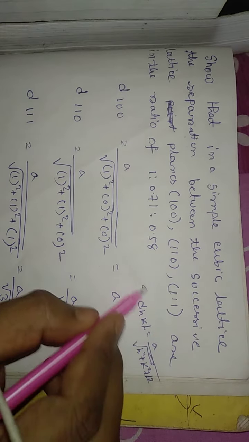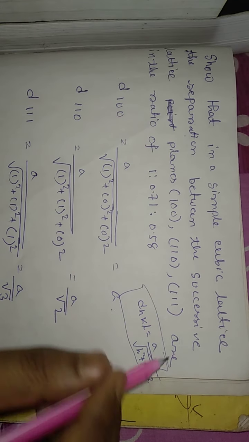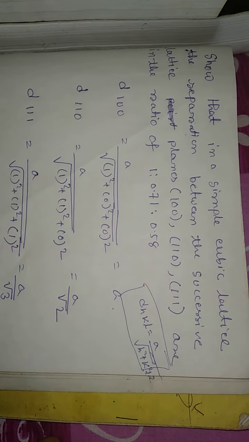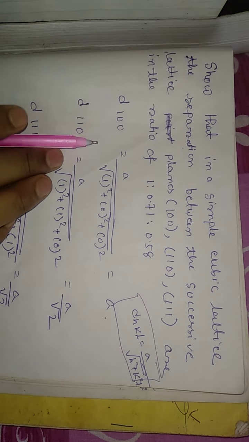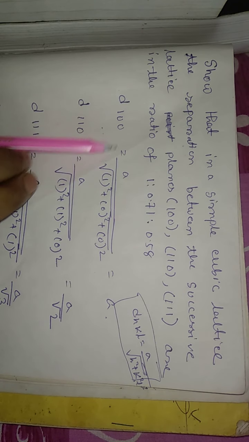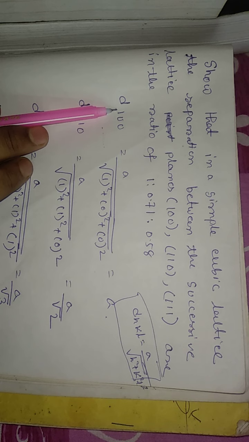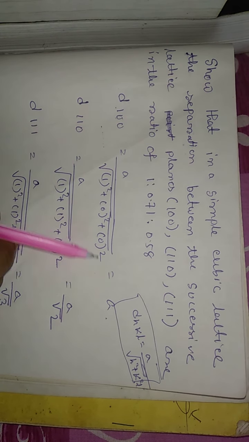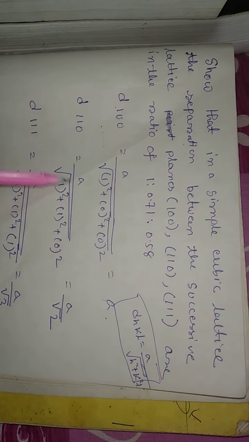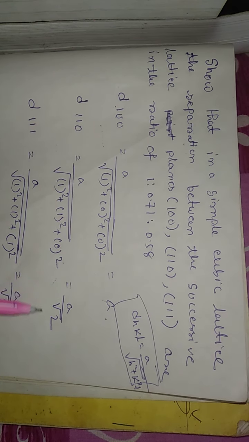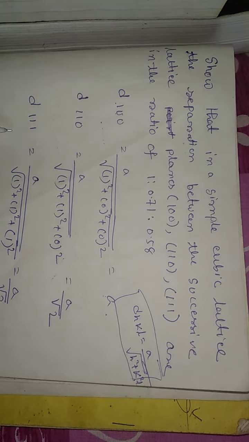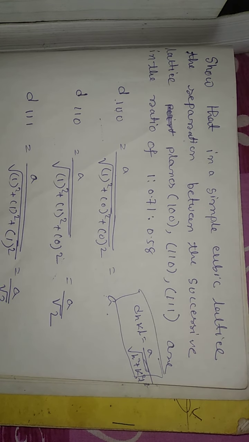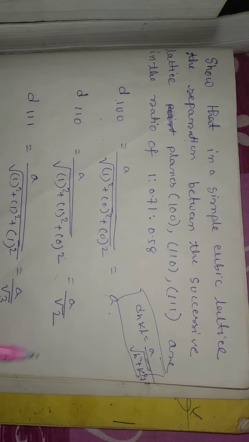Now for the plane 100, you put h equal to 1, k equal to 0, l equal to 0, and the value will be a. For d110, it will be a by root 2. For d111, the value will be a by root 3.